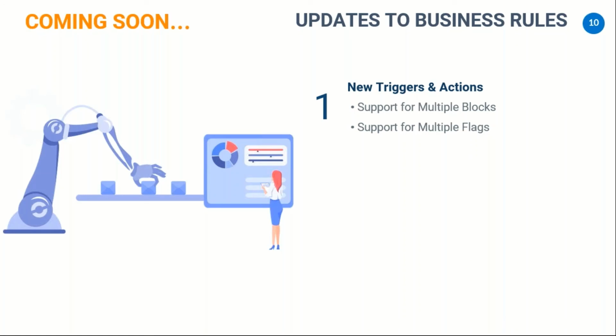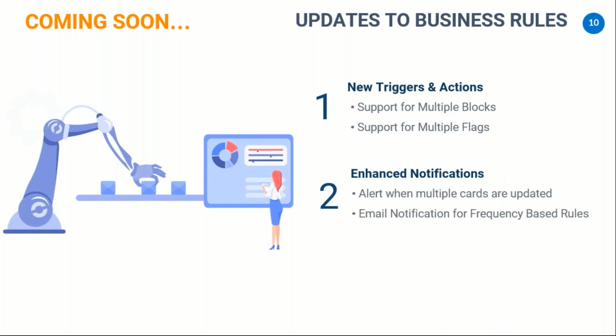Once this capability is available as part of the regular card features, you can also use it via business rules to get updated. Along with that, we will be enhancing the notifications so that whenever multiple cards are getting updated, so if you're doing a batch edit, or importing a whole set of work items via XLS import, even at that point, you will get a notification on which items got updated based on the business rules.